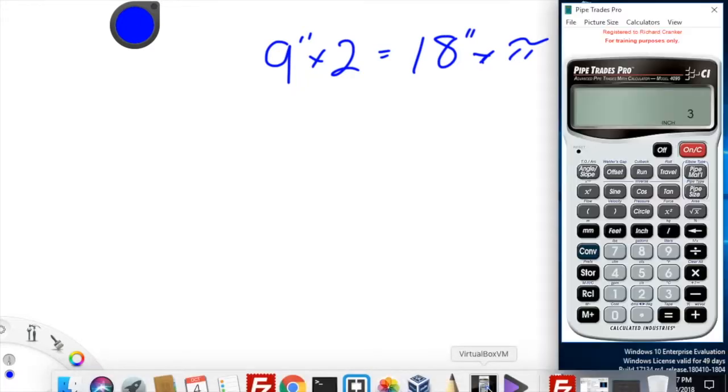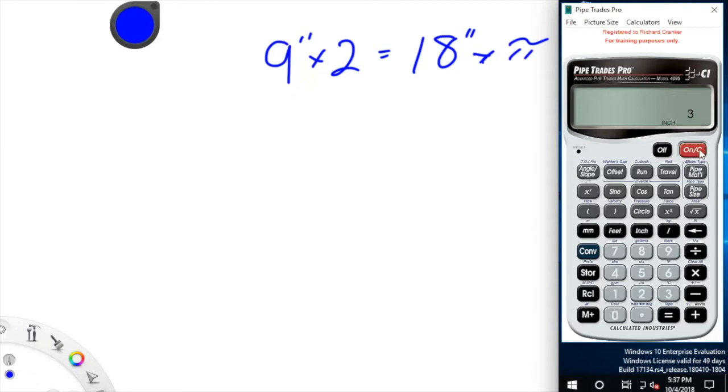So now 18 inches times pi equals 56 9/16.